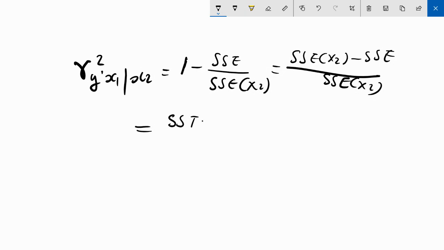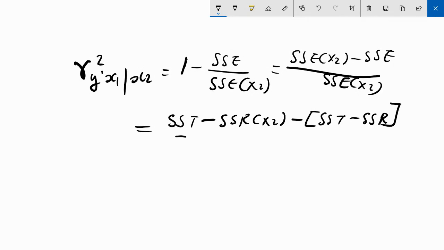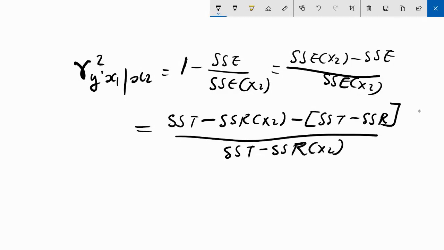SST minus SSR of x2 minus, in bracket, SST minus SSR, divided by SST minus SSR of x2, which is the same as, what is the numerator now?